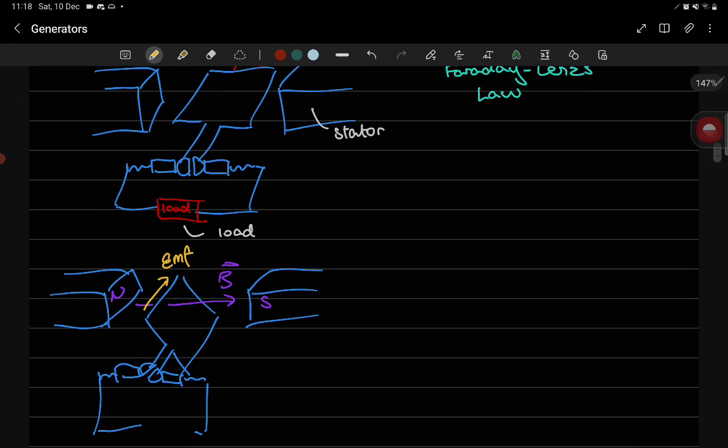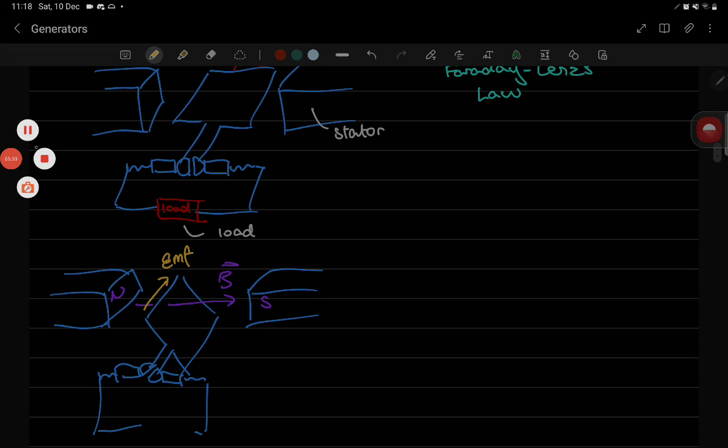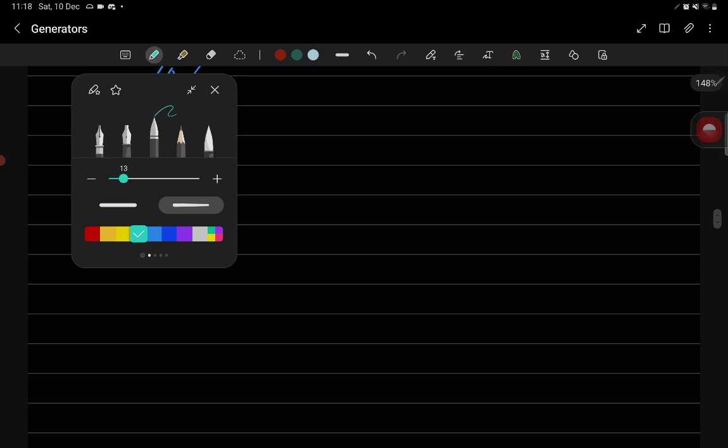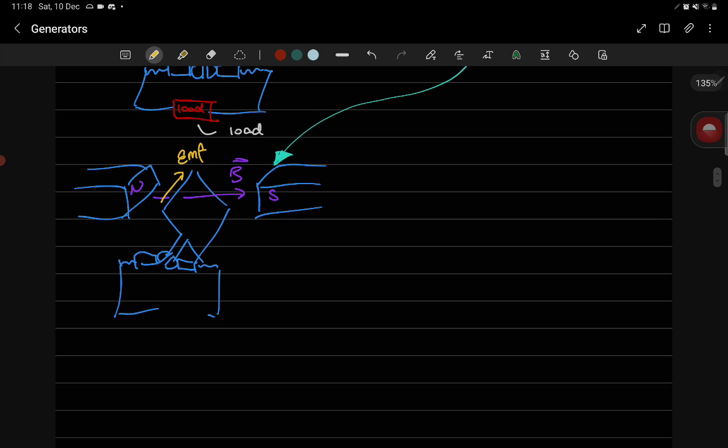And what I've just described here is an application of Faraday-Lenz's law, right? So this EMF here drives a current, and this is the generated electricity.